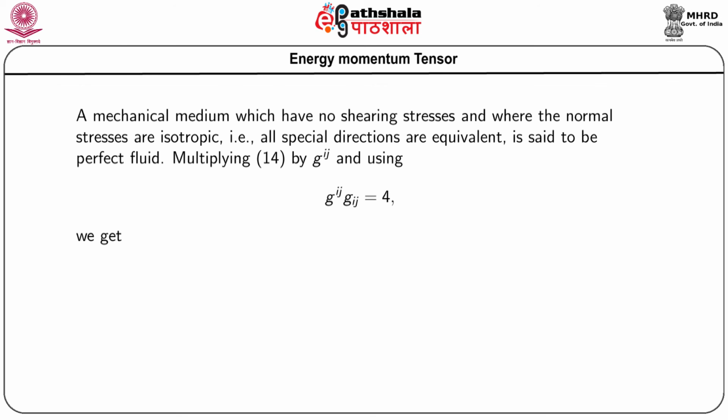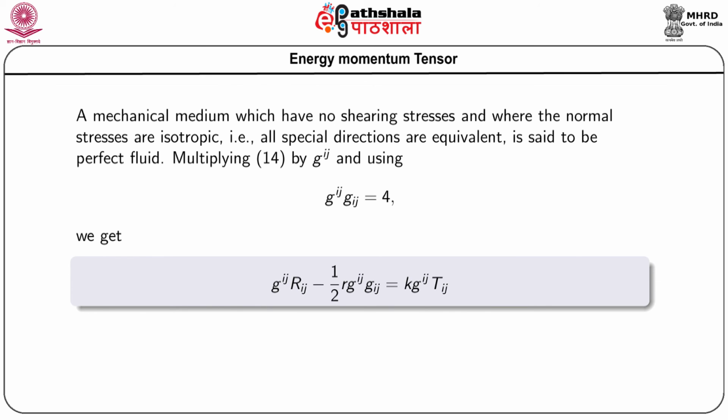Now, multiplying by g^ij and using the fact that g^ij gij equals 4, because we are in 4 dimensional space, we get g^ij Rij minus half R g^ij gij equals k g^ij Tij.